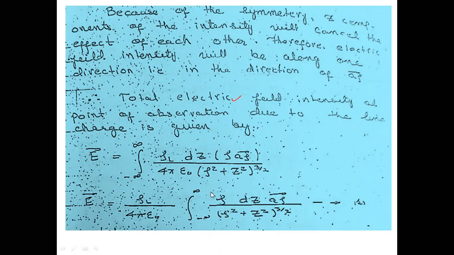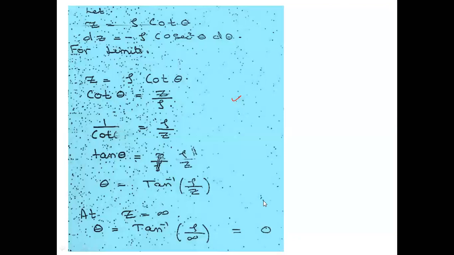If we take the integration and put the minus infinity and plus infinity, the whole result will be infinity. So we will not get the actual value for the E, so that's why we have to switch dz into some theta, so we will get some finite value for the E.